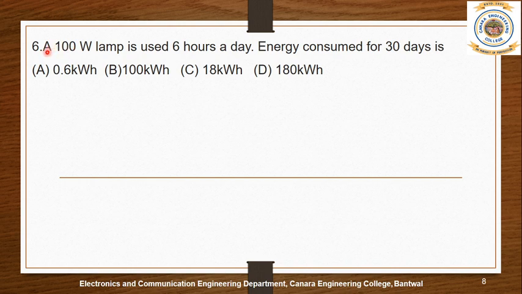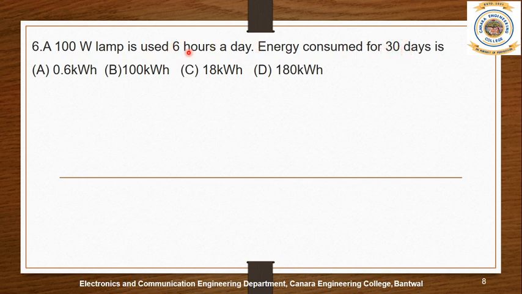Next, a 100-watt lamp is used 6 hours a day. Energy consumed for 30 days is. Energy is equal to power into time. The power of the lamp is 100 watt, it is given. So in 30 days, how many hours is it used?